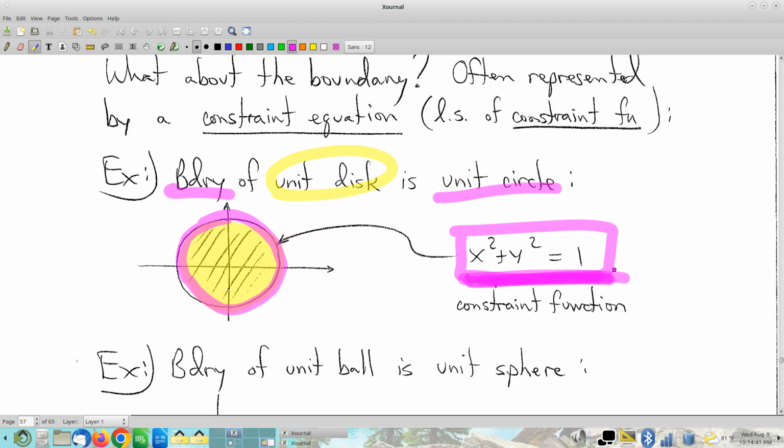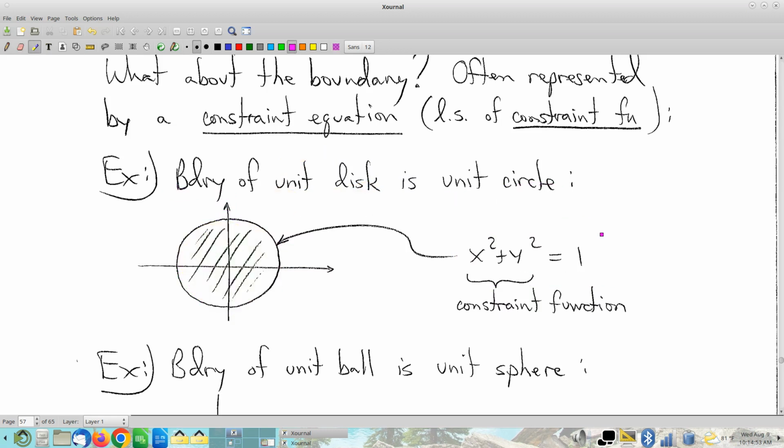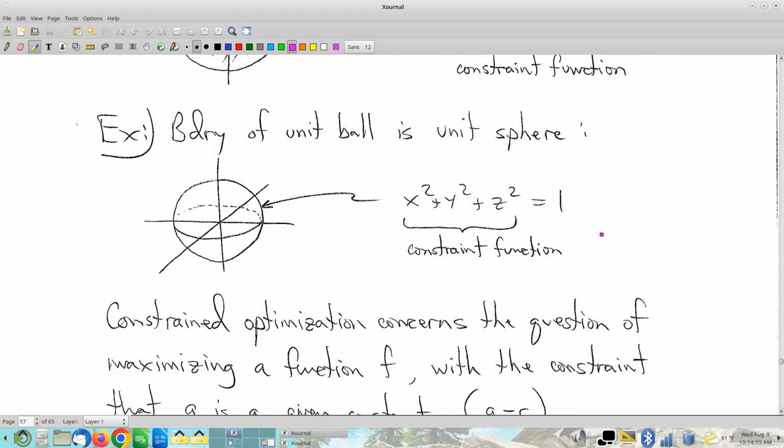So those other circumstances will require other methods or will require you to adapt and represent the curve as an equation. Okay. Now, this is a two-dimensional example. What if we have a three-dimensional example? What if we have a unit ball, for example? Well, the boundary of a unit ball is a sphere.